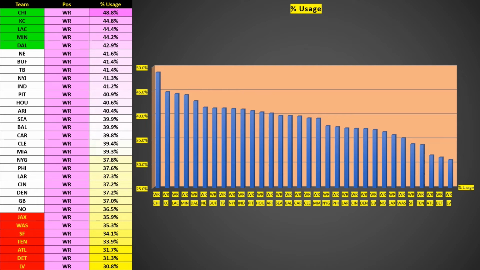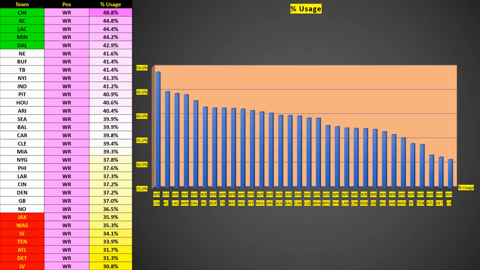And if you see in your pre-draft, my discussion, you see the same kind of pattern that wide receivers are closer together as players in groups than in running backs, where you really get the good and then you really get the bad.